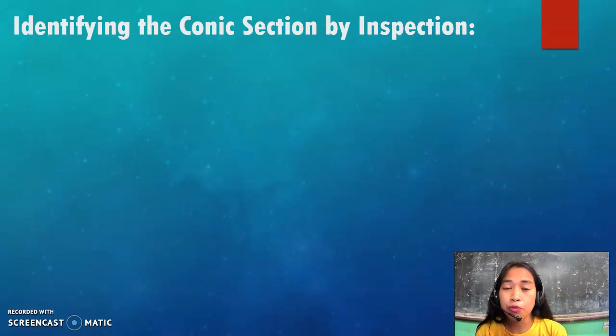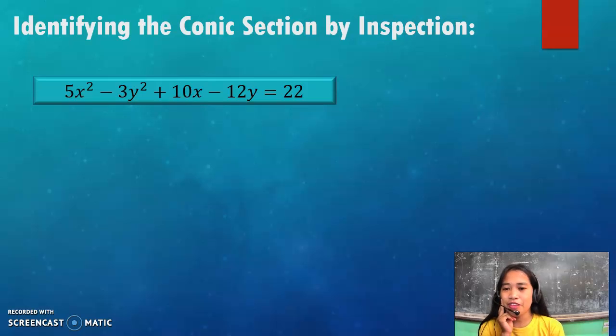So I hope you will answer this one. We have the first equation, 5x squared minus 3y squared plus 10x minus 12y equals 22. Inspect the equation. Since it is in general form, we will just use the previous guide we used to identify the conic section.